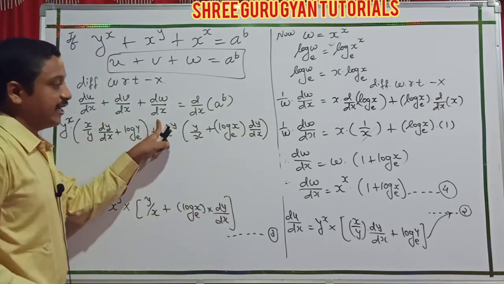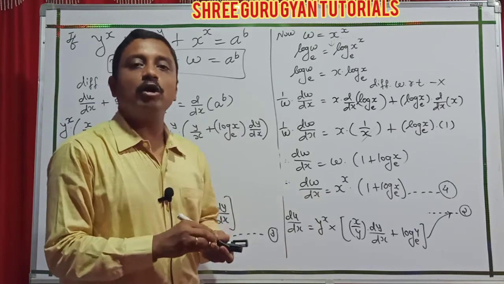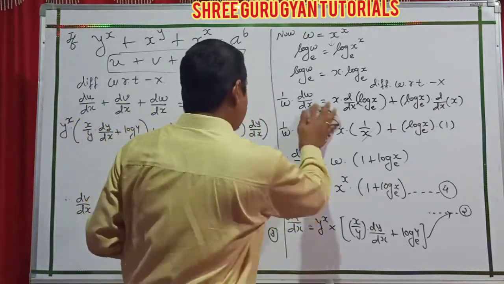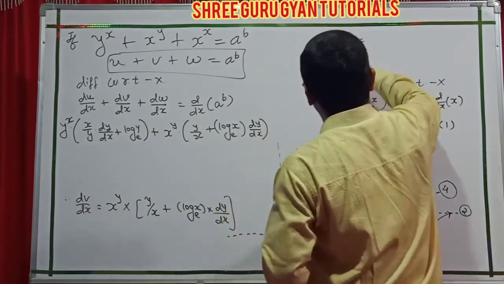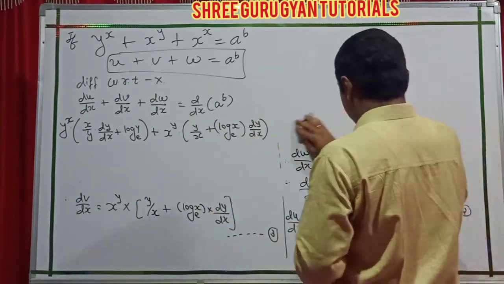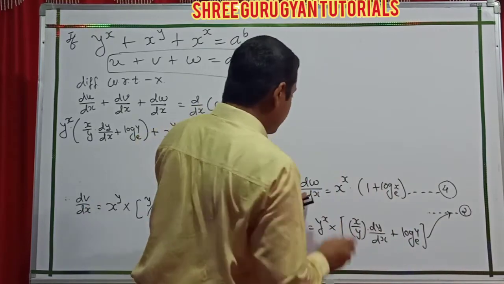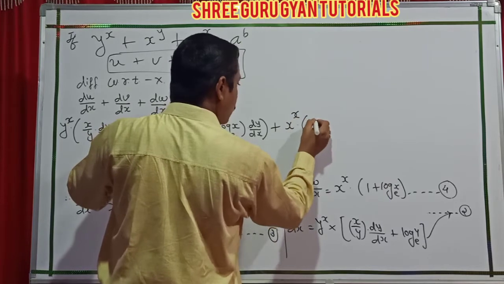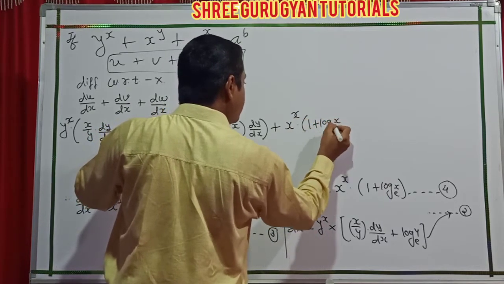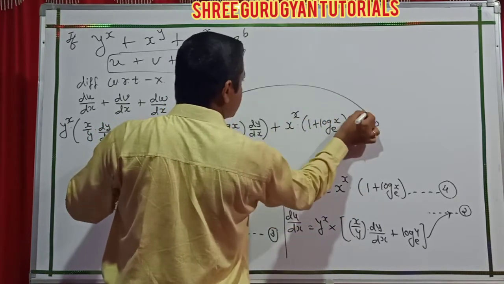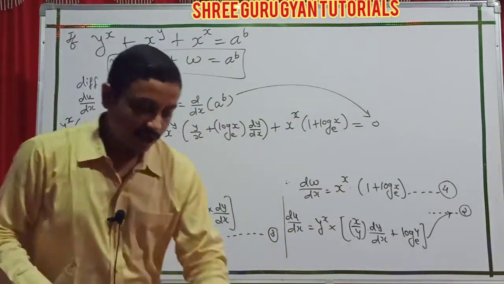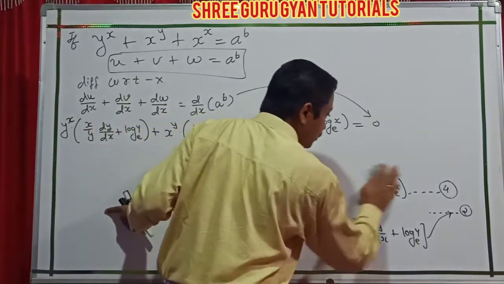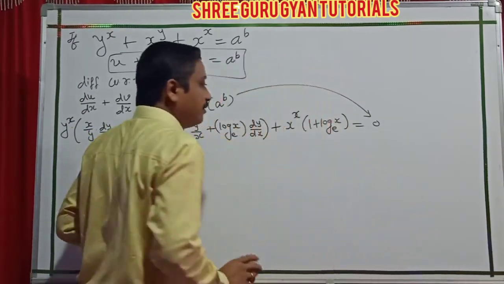and dw by dx is this one, and all values I just put in the respective terms, and after that I find the answer dy by dx. Students, these are values for dw by dx. So here I substitute x raised to x into (1 plus log x base e), and this answer is 0 because it is constant. And here now I start finally to find the value of dy by dx.